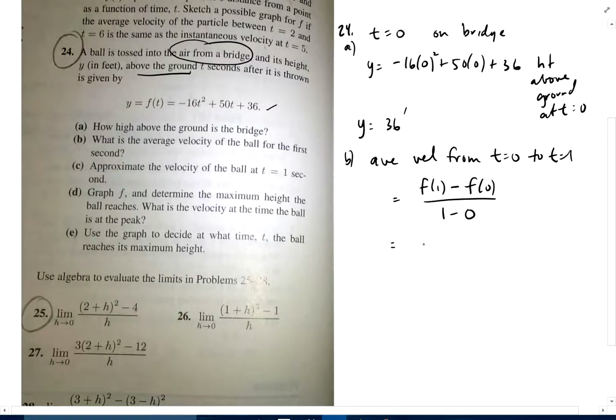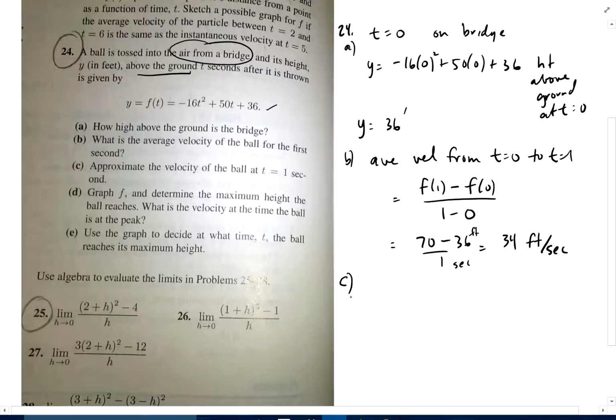So f of 1, if I plug 1 in, is negative 16 plus 50 is 34, plus 36 is 70, minus 36, divided by 1, which is going to be 34 feet per second, right? Because the top is feet, the bottom is seconds. Okay, so that's its average velocity from 0 to 1.